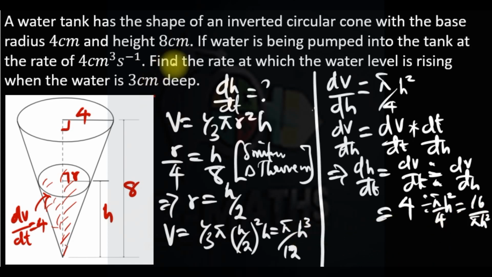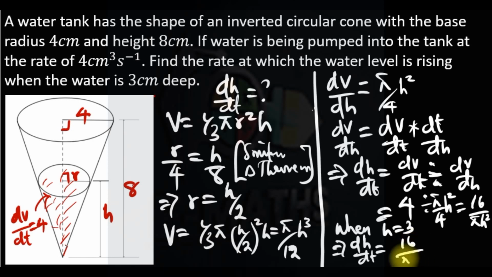And they now ask us, when the height is 3 cm deep, so when h is 3, dh over dt will be equal to 16 over pi times 3 squared.